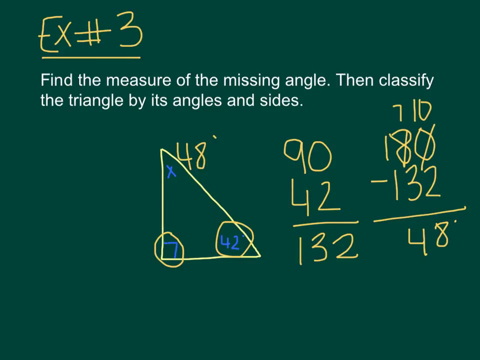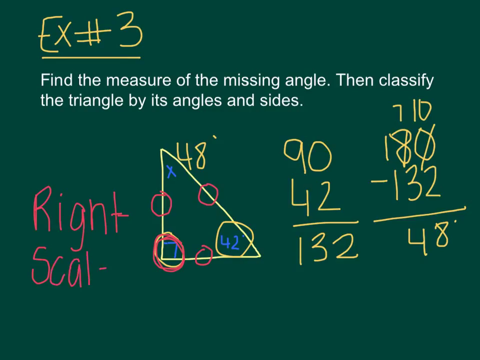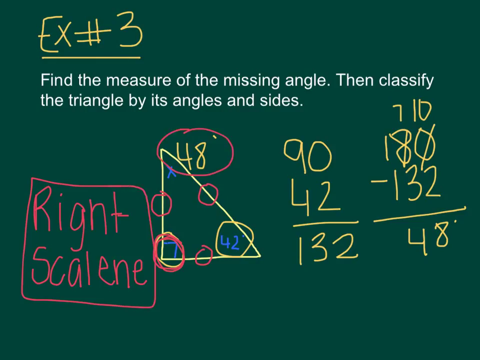Now let's go ahead and classify this triangle. We have a right angle, so we automatically know this is a right triangle. And also, now classifying by its sides, I don't see any tick marks anywhere. So that means that none of the sides are equal. So that means it has to be a scalene triangle. So this is a right scalene triangle with a missing angle of 48 degrees.